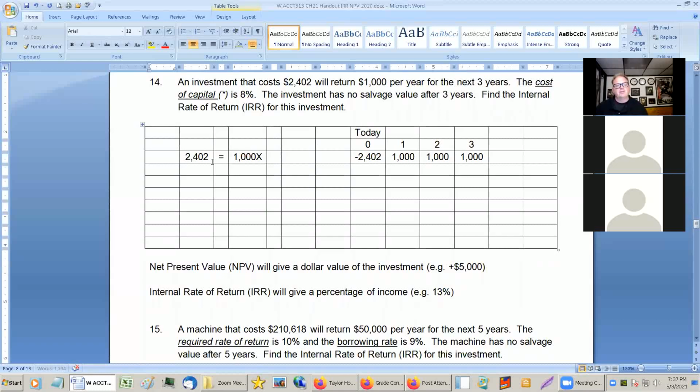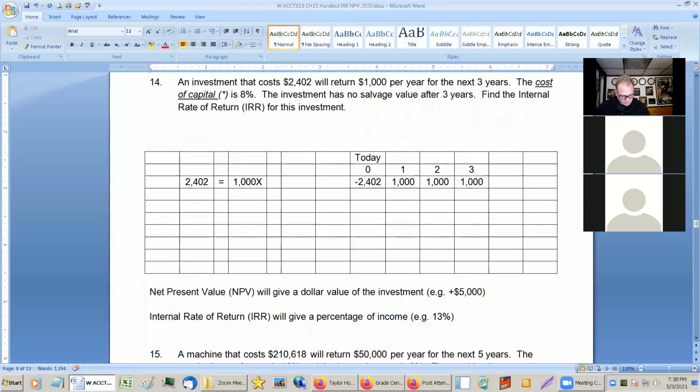Okay, so this X is going to be the annuity factor for the table.